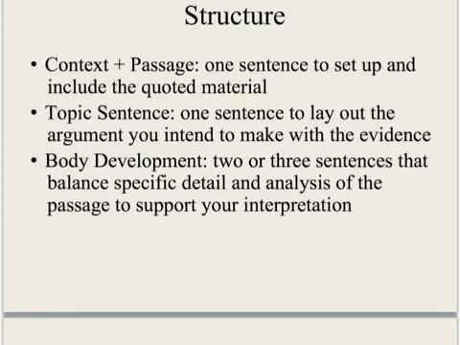Most of this video focuses on the first element, the context and passage. One sentence to set up and include the quoted material. Again, to emphasize, the quotation can't stand alone as a sentence. It has to be hooked up. And just as a quick note, you can hook it up in a number of different ways. You can have your own words and then the quotation, and of course the citation, and maybe a period.